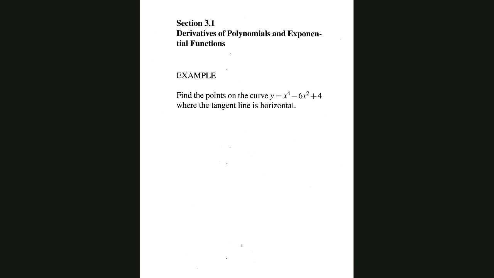Okay, so in this problem, we want to find the points on the curve. The curve is this polynomial, y equals x to the fourth minus 6x squared plus 4. We want to find the points on that curve where the tangent line is horizontal. And when they say tangent line, they mean tangent line to the curve.